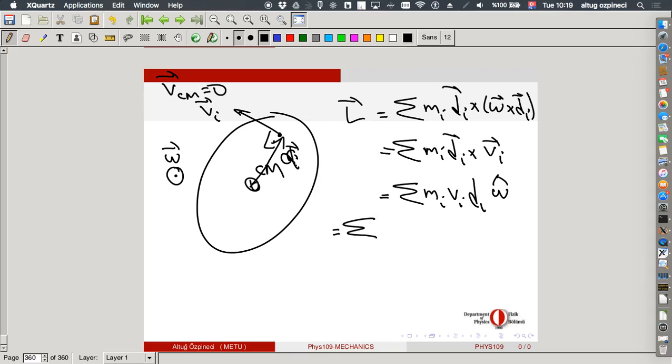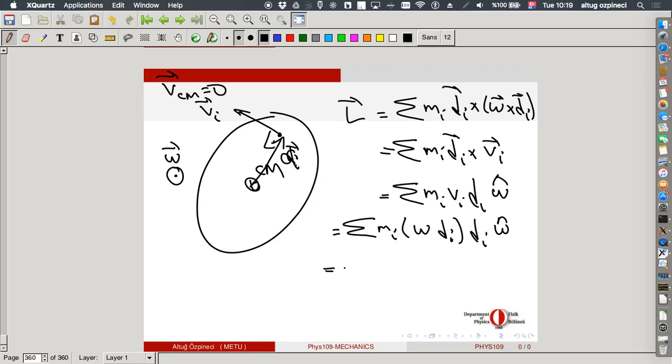What is Vi in terms of omega and Di? What's the speed in terms of the angular velocity and the distance from the rotation axis? It's the product. So Mi times omega times Di in the omega hat direction.